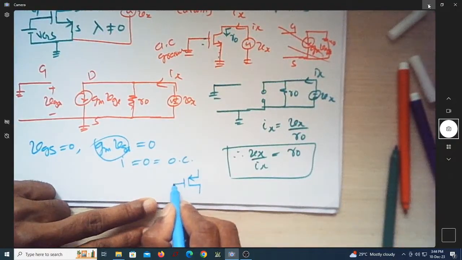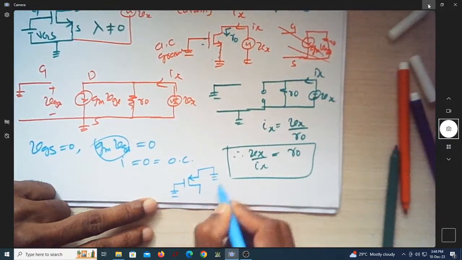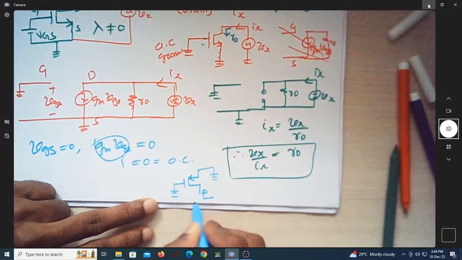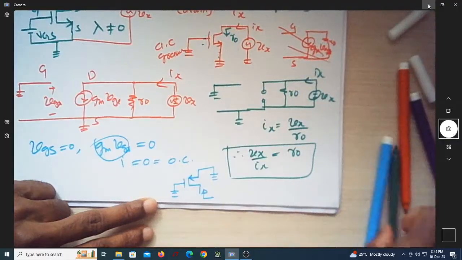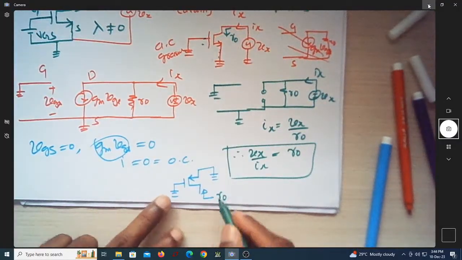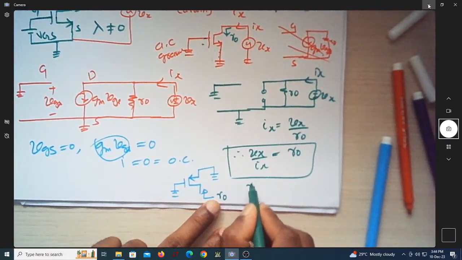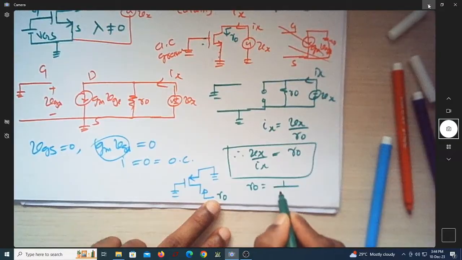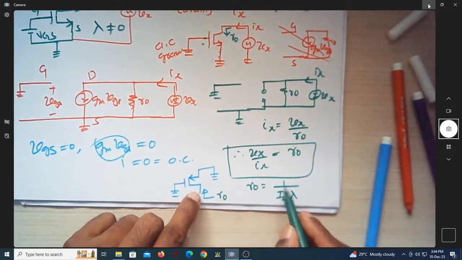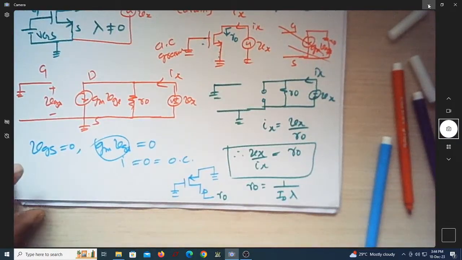If I AC ground this and look towards the drain, the resistance is R0. What is the magnitude of this R0? We know that R0 is given by 1 over ID into lambda, where ID is the DC current flowing through the MOSFET, and lambda is the channel length modulation factor.